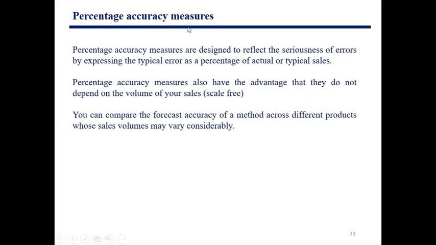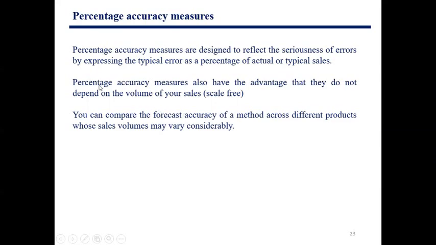There are also the percentage accuracy measures. Here, with the same remark as we talked about the mean error and the mean percentage error, when we see the mean error, we don't know if it is that bad, or we need a percentage to know the seriousness of our error. So percentage accuracy measures are designed to reflect the seriousness of errors, by expressing the typical error as a percentage of actual or typical sales.